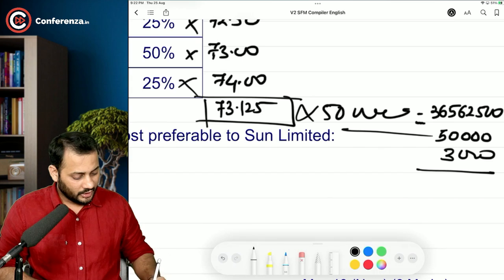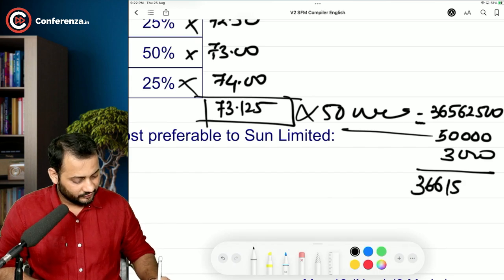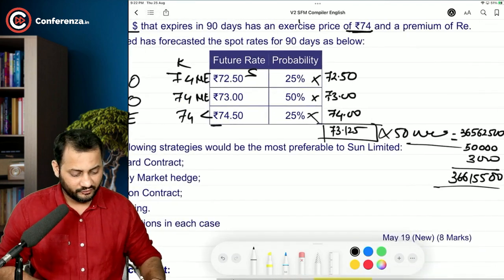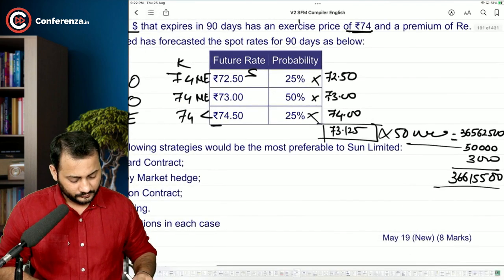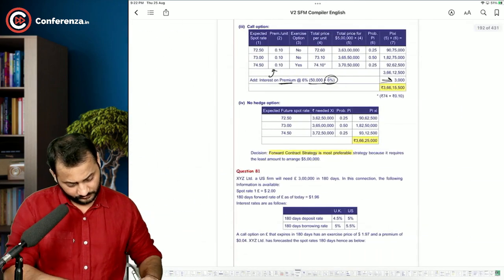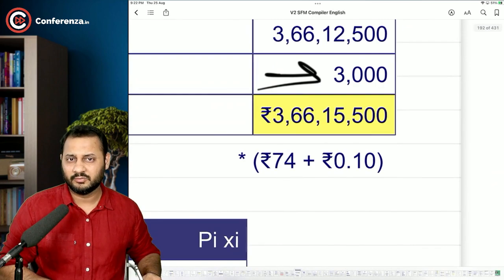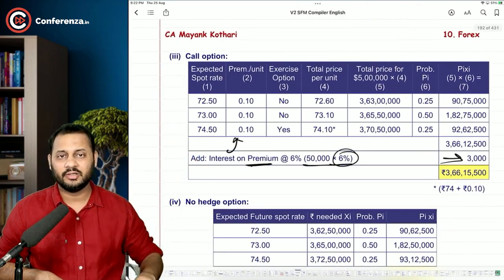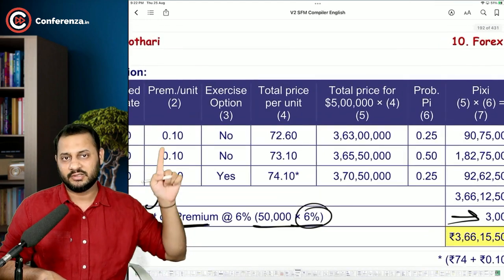All of them are outflow. 366,15,500. Let's check this answer. 366,15,500. So we cannot say that the premium is not included. It is included, but indirectly in this table itself.